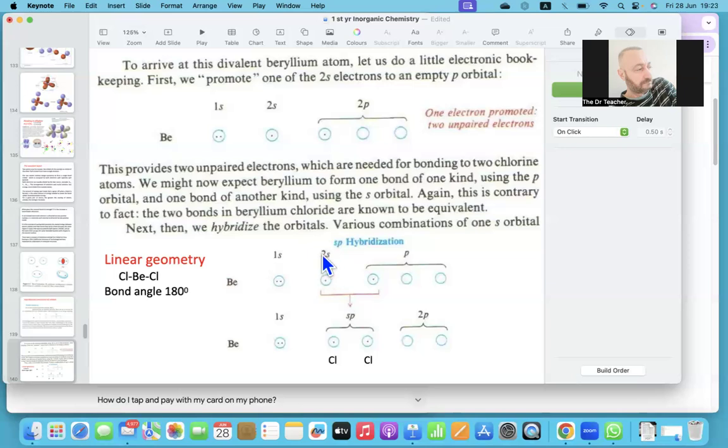We don't mention the two 1s electrons; we just say the s electron from the beryllium bonds to a chlorine, and the p electron bonds to another chlorine. So what do we have? We have sp hybridization.